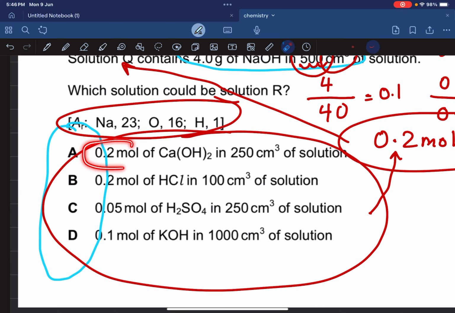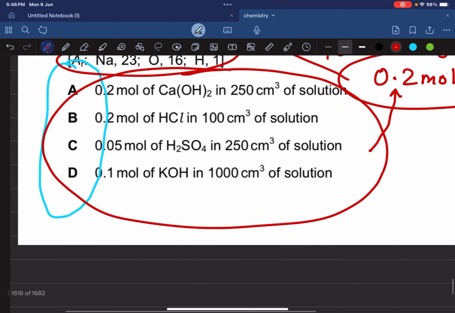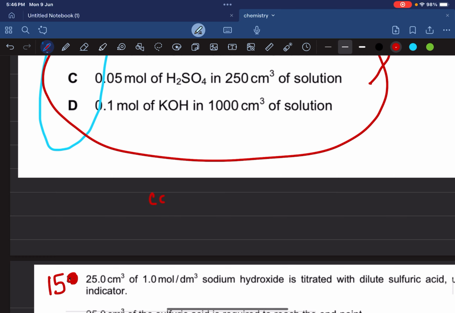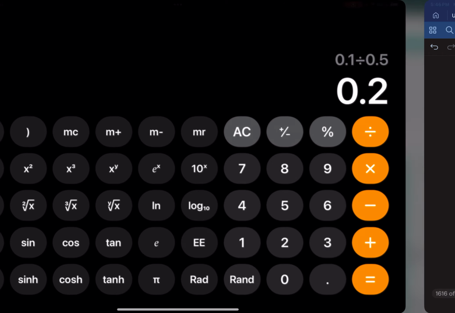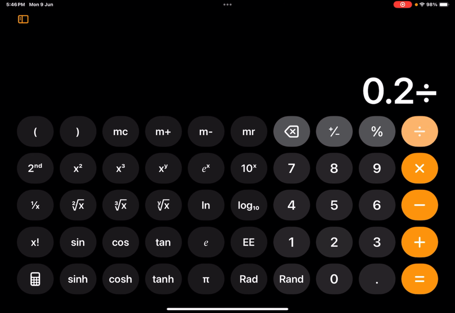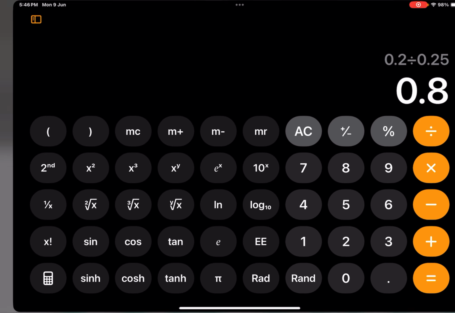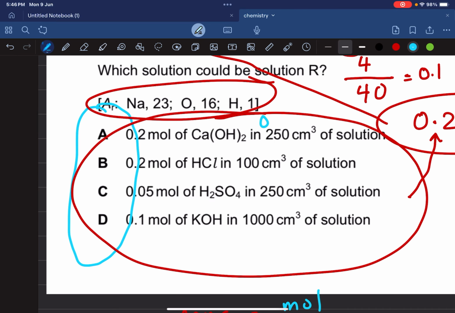Okay, 0.2 mole in 250 cm cube. What you have to do is simply apply the formula that concentration equals moles divided by your volume. So 0.2 divided by 0.25 comes out to be 0.8 mole.